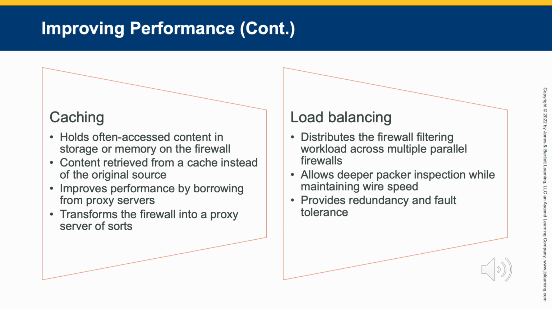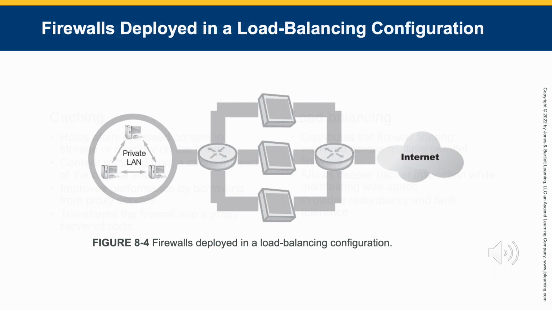Load balancing distributes the firewall filtering workload across multiple parallel firewalls, allows deeper packet inspection while maintaining wire speed, and provides redundancy and fault tolerance. In this example, you can see how multiple firewalls are used in a load balancing configuration to balance the load of the internet traffic coming into the network, and the network trying to get to the internet would load balance in both directions.